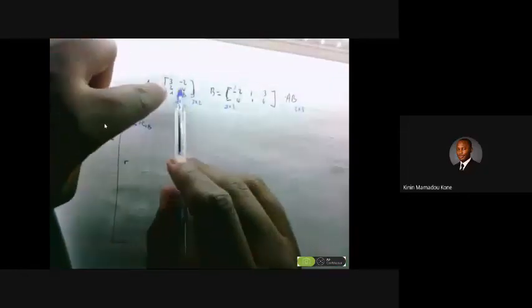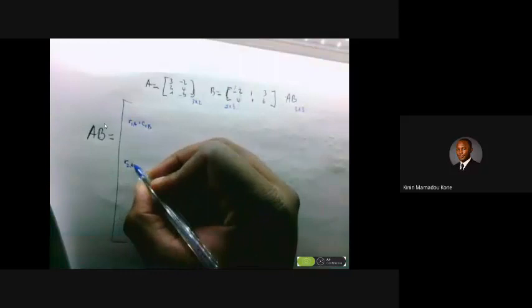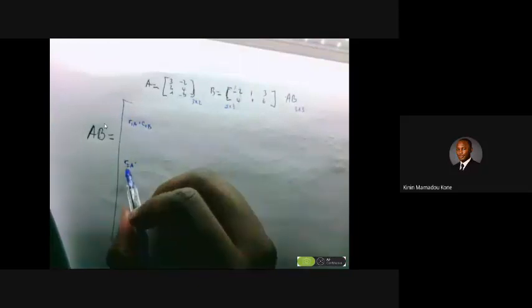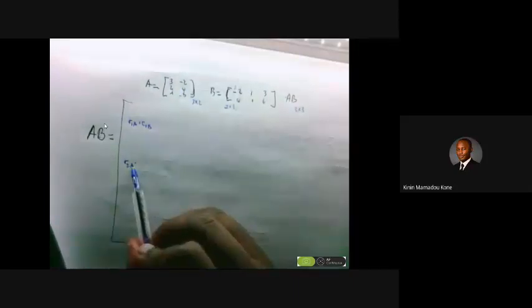Okay, and then here I'm going to do row 1, row 2. So if I want to find this entry over here, I go here to the row times column. Row 2 of matrix A times the column, because I want to find the value here.